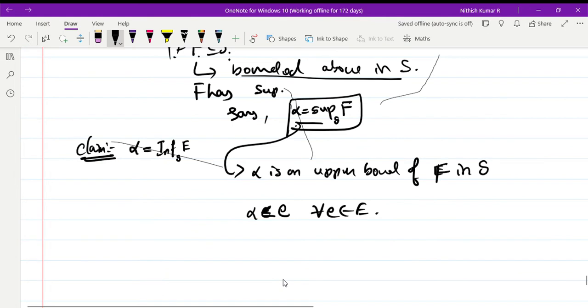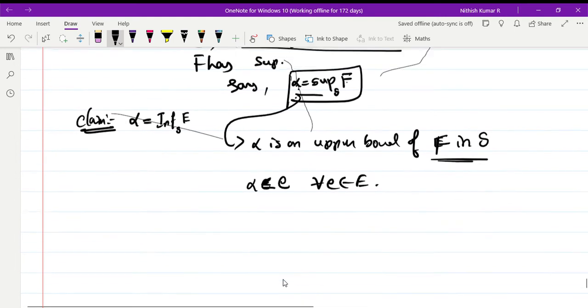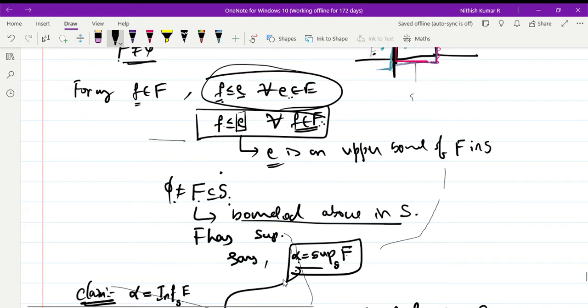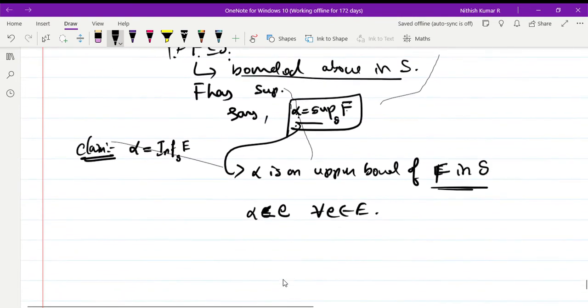Alpha is the supremum of F over S, that means alpha is an upper bound of F in S. Every element of E is an upper bound of F. Since alpha is the supremum, alpha must be the least upper bound. This implies alpha is less than or equal to e for all e belongs to E.